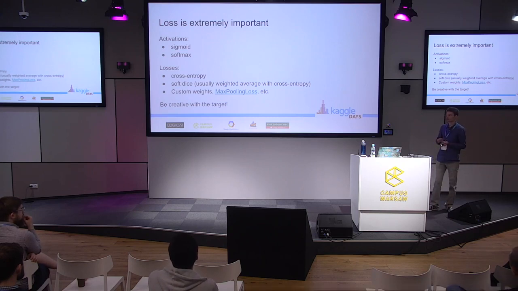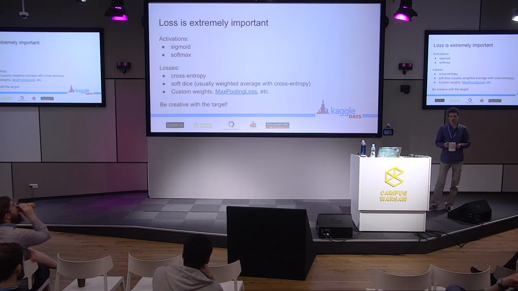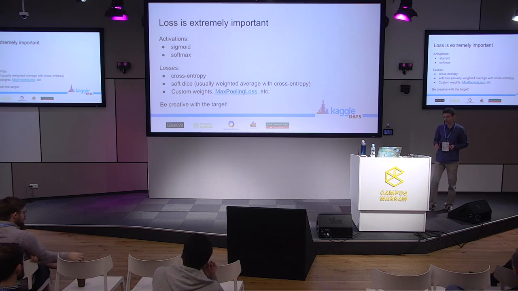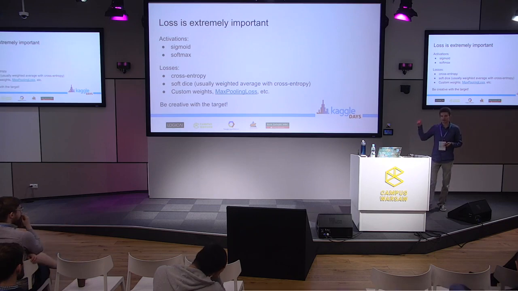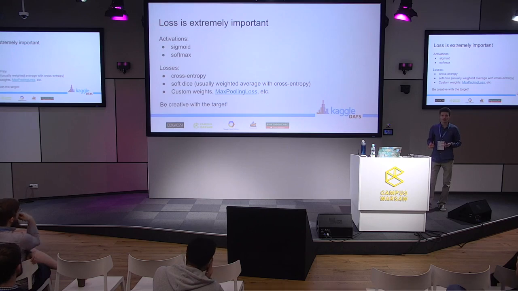Here, I don't have any good rule of thumb. So try both, even if it's multi-class. In some cases, sigmoid can work well. And then, this is the output activation, and then the loss. Cross entropy is the standard loss, but it has several problems, and so often it is used in combination with dice.